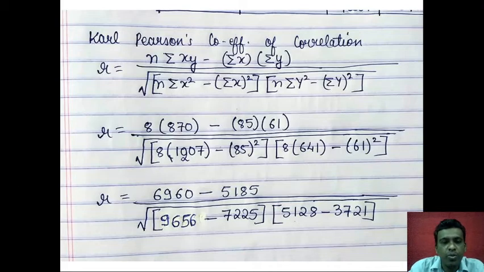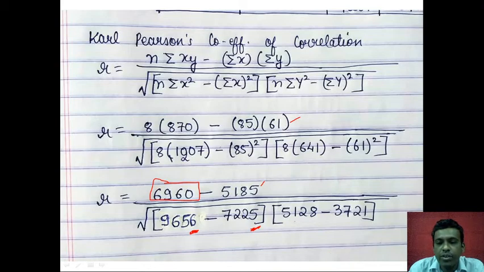So 8 into 870 is 6960 here, and then 85 into this 61 is 5185, the whole divided by square root of 8 into 1207 is 9656 minus 85 square, that is 85 into 85 is 7225, bracket complete, and in other bracket 8 into 641.